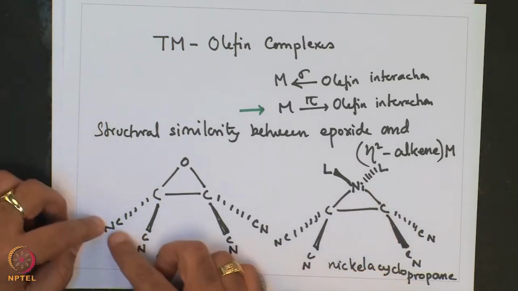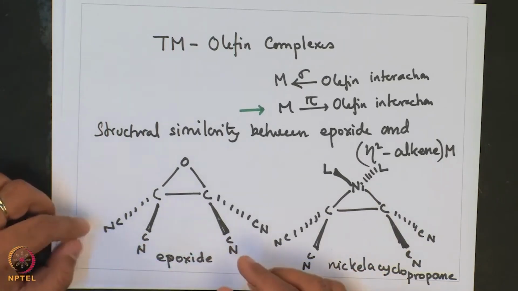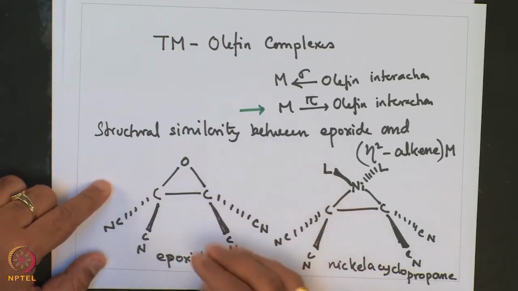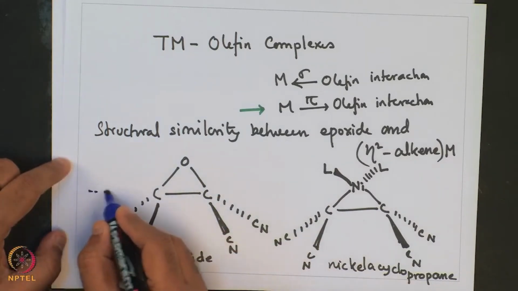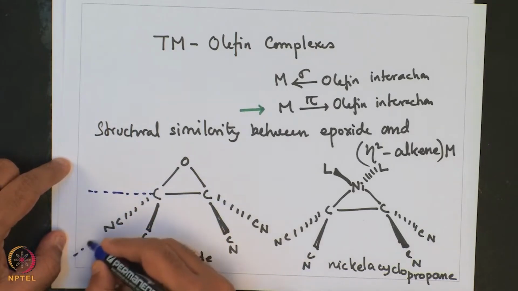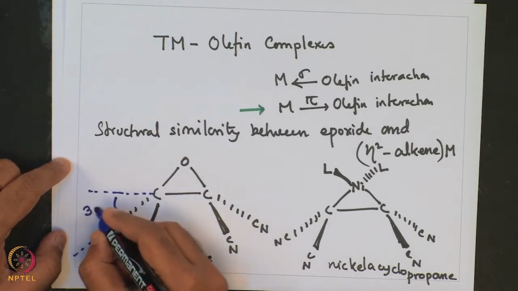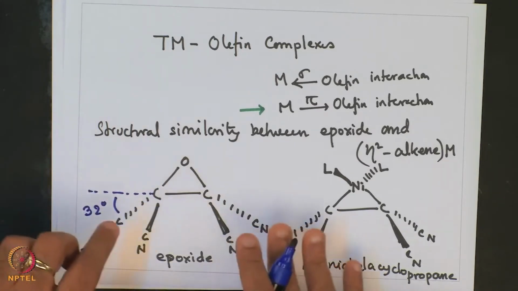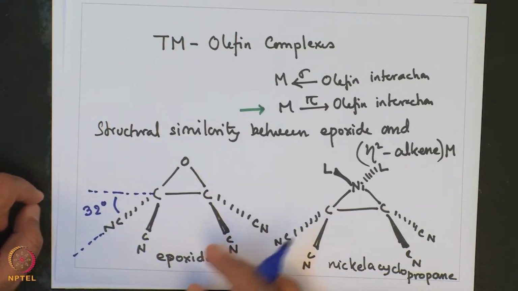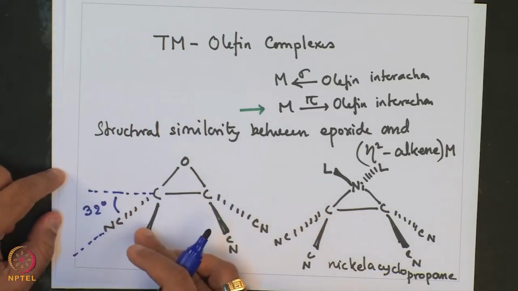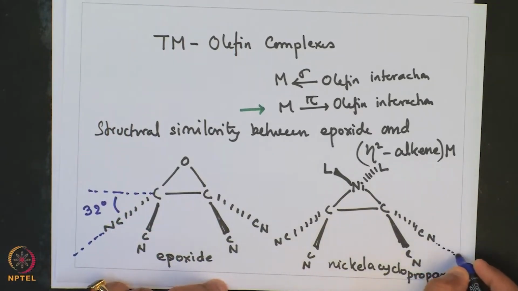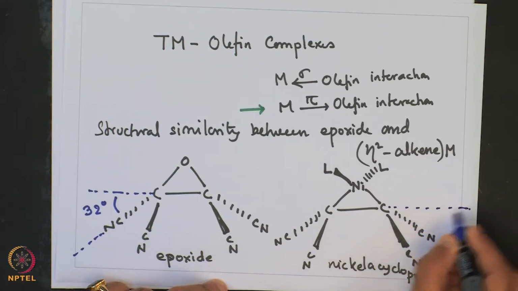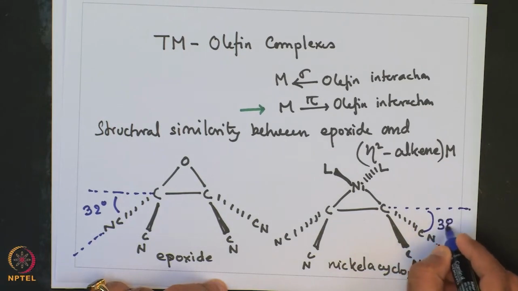Now, these 4 tetracyano groups are not in the plane and are deviated from the plane by about 32 degrees. So, these 4 tetracyano groups are not in the plane containing the C-C bond, but are below the plane containing C-C by about 32 degrees, and the same in the nickel cyclopropane is about 38 degrees.